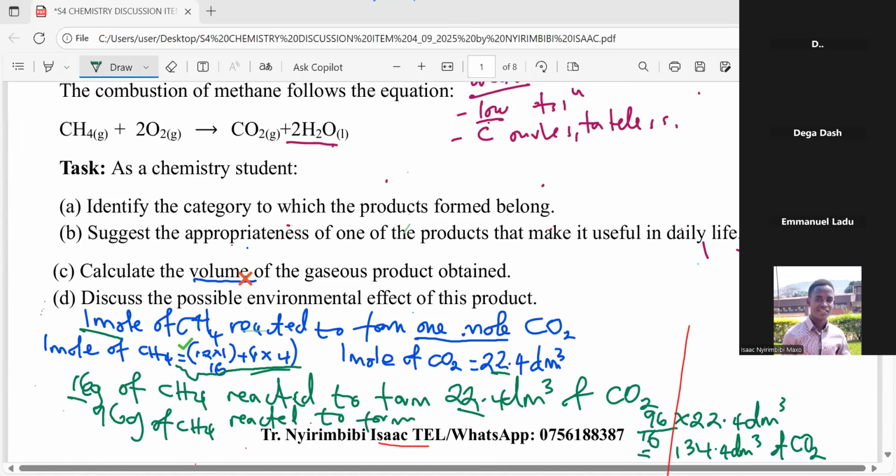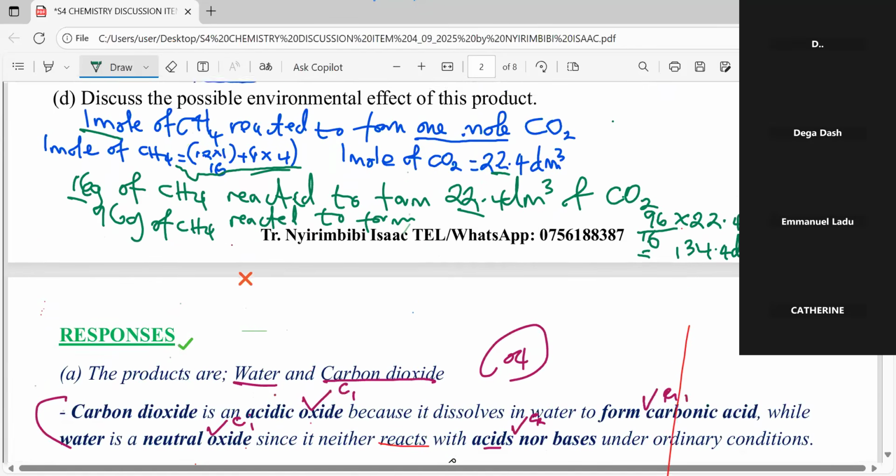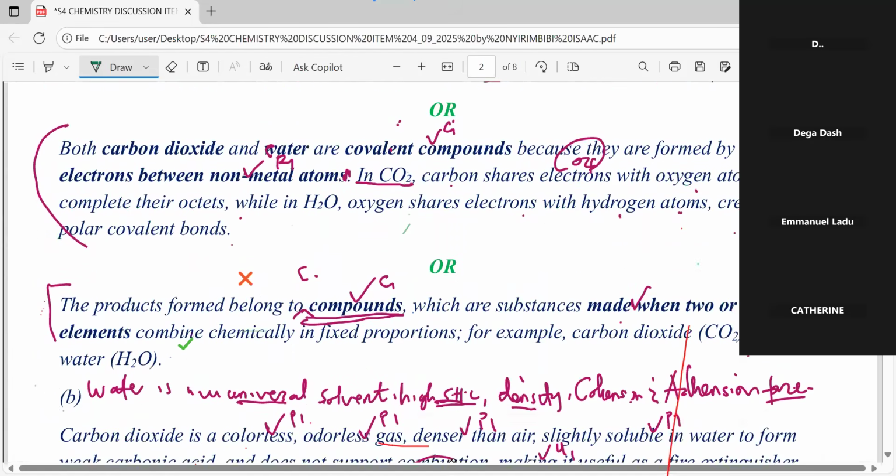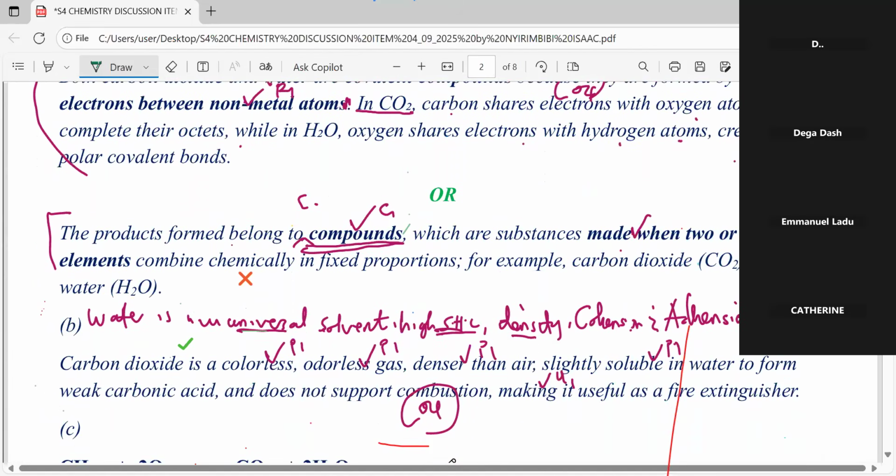So you put four properties, and then we put one use, like the way we gave this point. Let me bring this point here. Can you read for us that point for carbon dioxide?